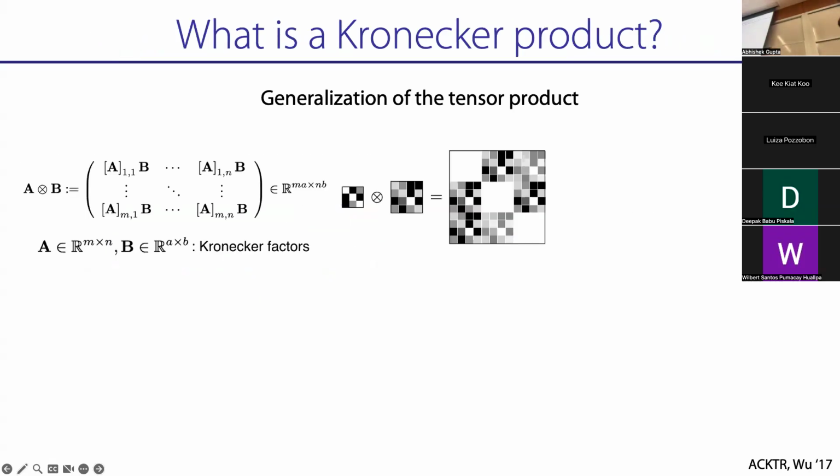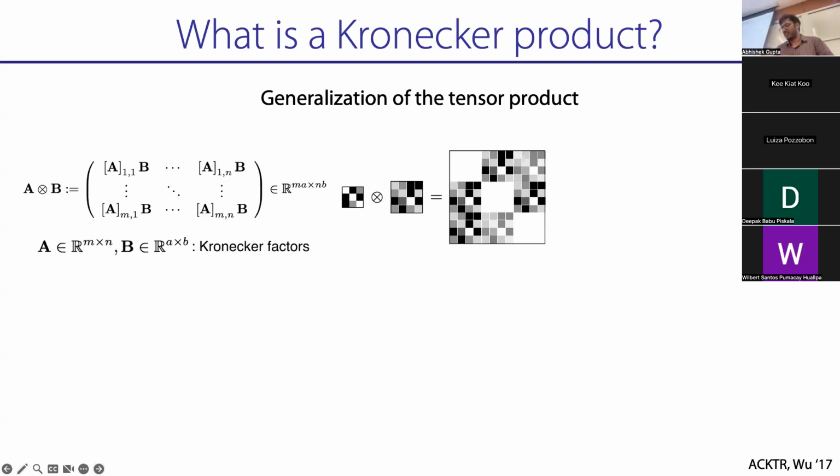So let's start by talking about a Kronecker product. What is a Kronecker product? If I have two matrices, A and B, shown over here, and let's say A was of size M by N and B was of size A by B, you can think of the Kronecker product as if you took the first matrix and slid it along the second matrix.